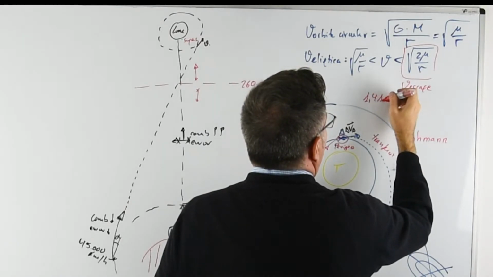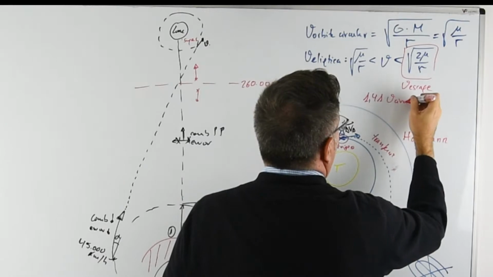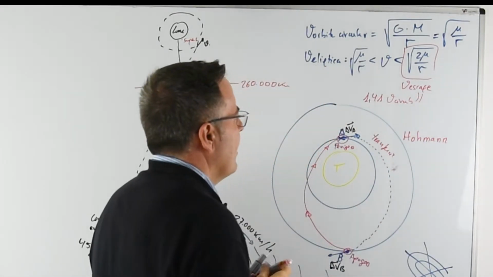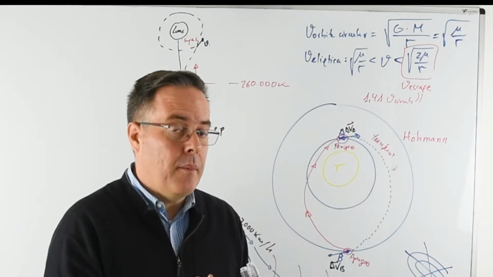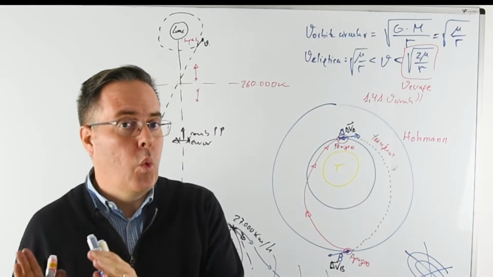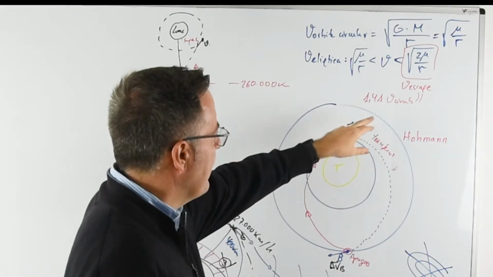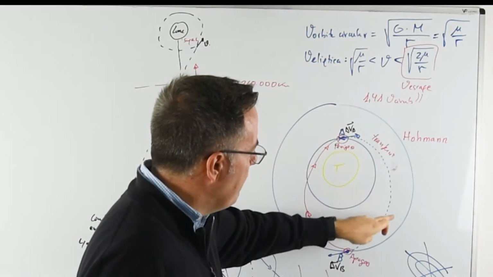That means 1.41 times the circular orbit speed. So if we are between these two values, we are in an elliptic orbit.